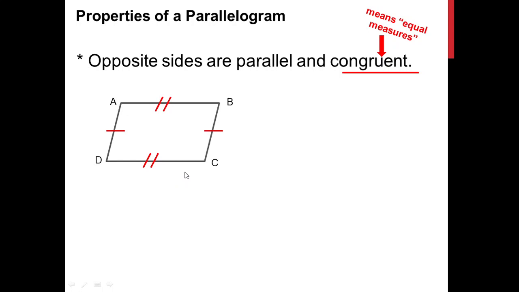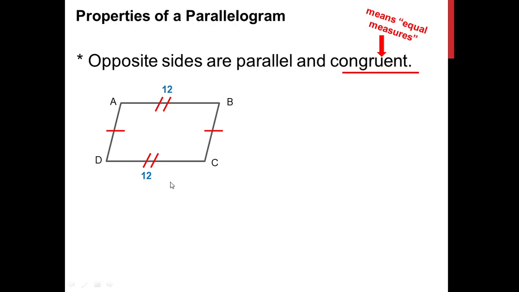Okay, for example, I have here the value of my line AB is equal to 12. Therefore, if this is a parallelogram, then side DC is also equal to 12.